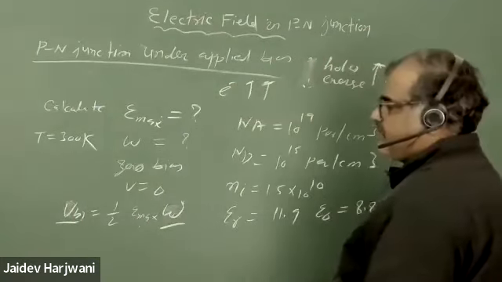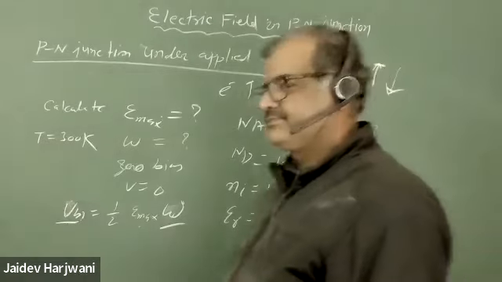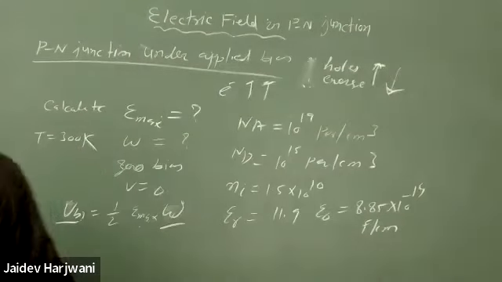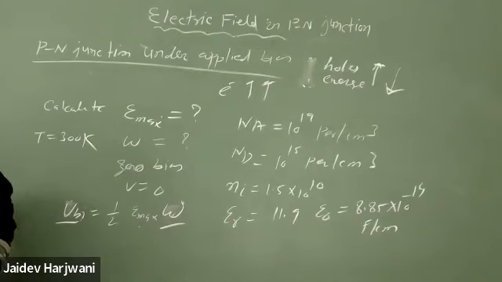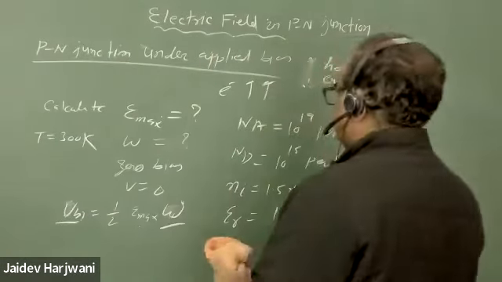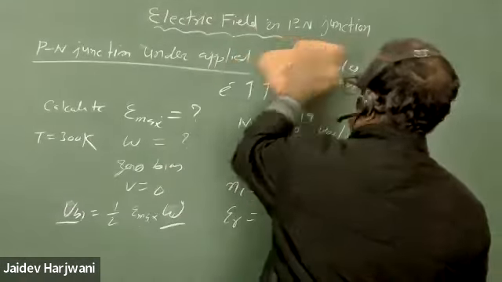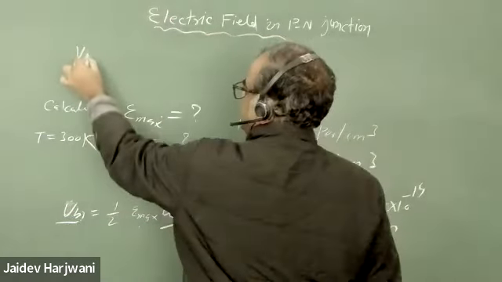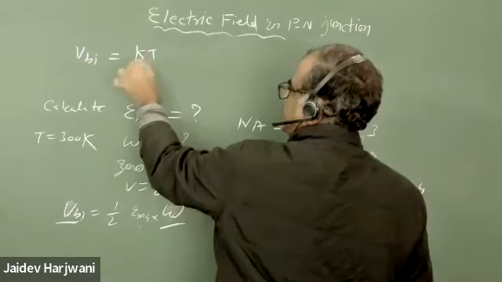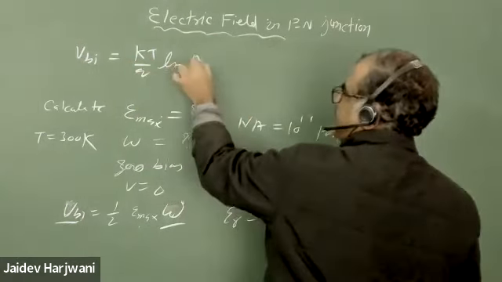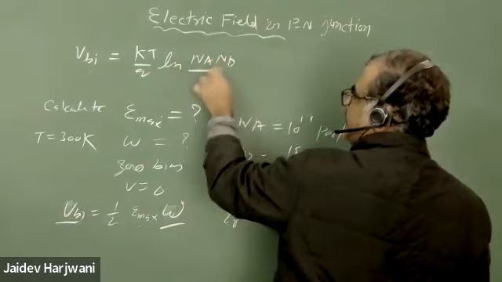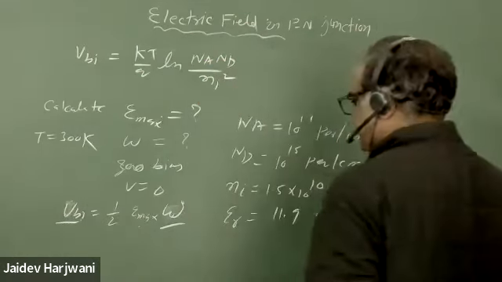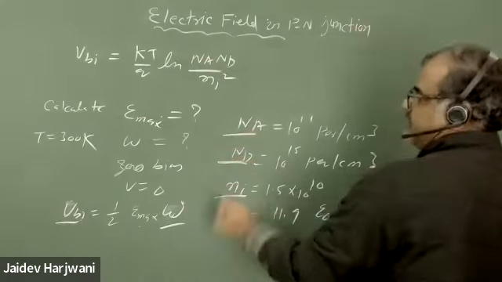What is the formula for VBI? What is built-in potential? kT by q ln of Na Nd upon Ni square. Very good. So Ni, Na, Nd and temperature are given to you.